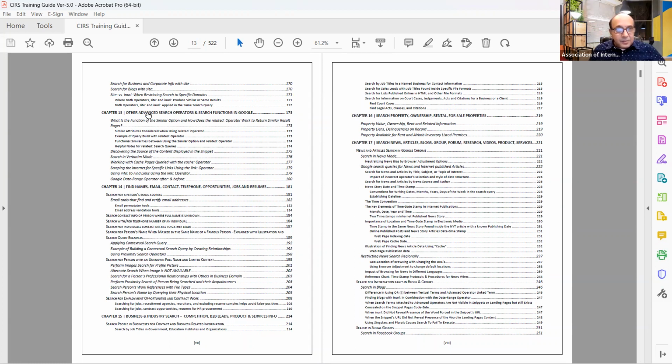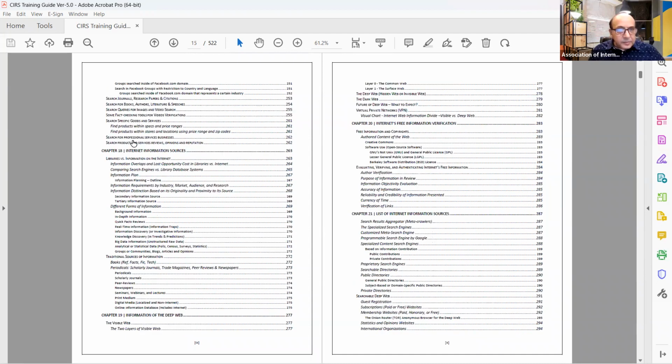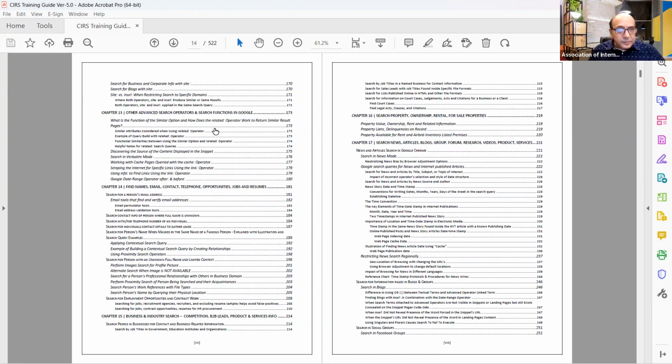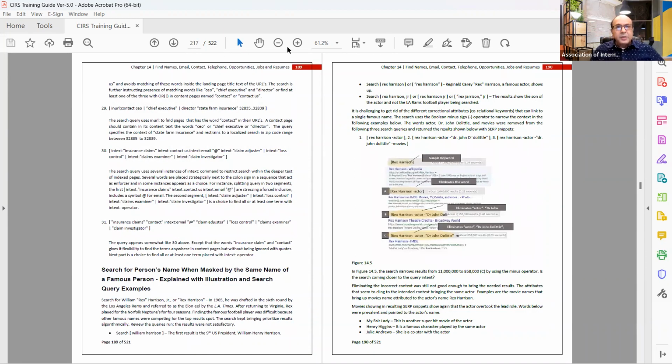Interestingly, I wrote the book, but I'm navigating through the chapters just to see where I put it. Okay, this is the example.